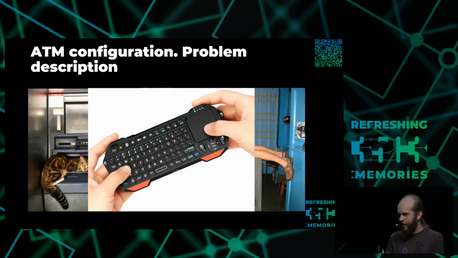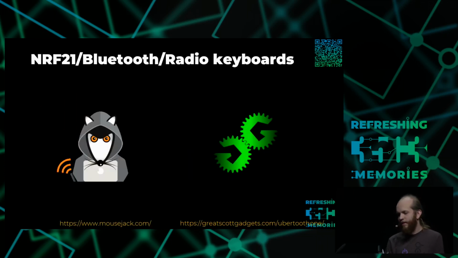And it's kind of scary because there are different kinds of research that affected this kind of wireless devices. For example, the mouse jacking attack that affects the nRF24 chip. This chip is excellent. It's very cheap.